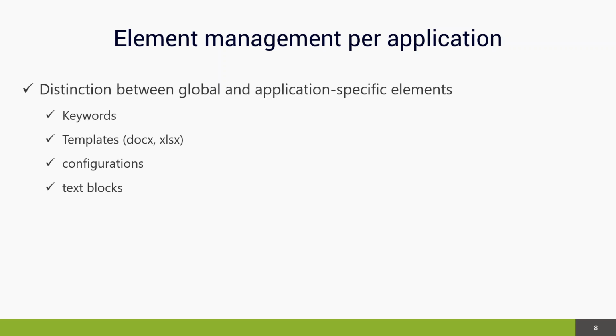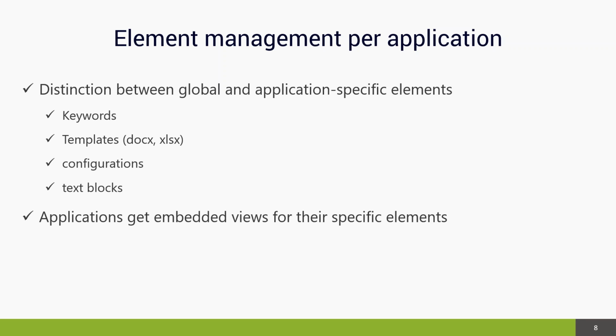And to maintain these specific elements, there's an embedded view now in the application configuration where you can enter that. Furthermore, you can define different user groups, persons, and groups for each element which are responsible for the maintenance of these elements. This allows different groups to be defined for the maintenance of keywords and configurations. So you're very flexible now.